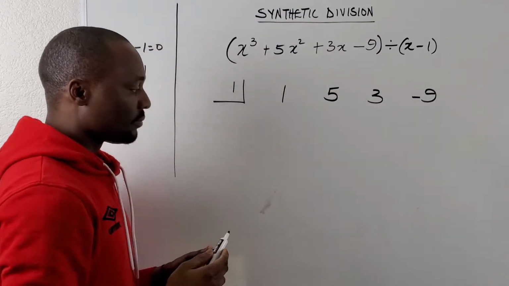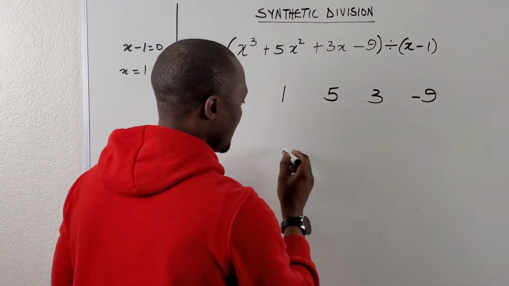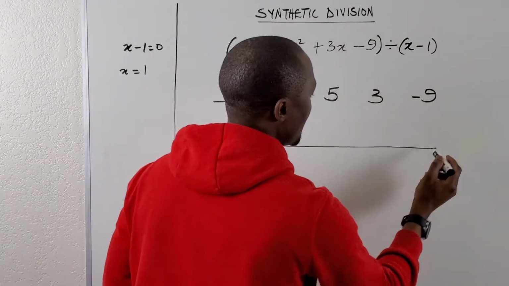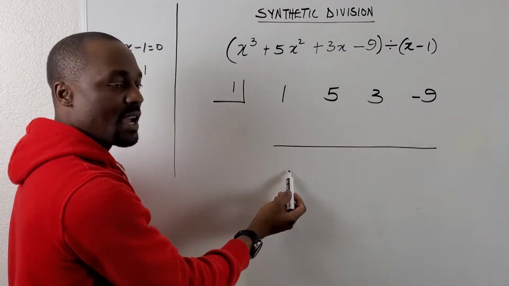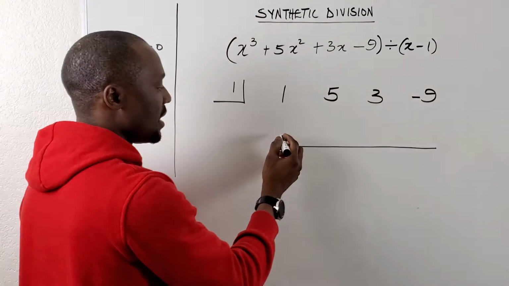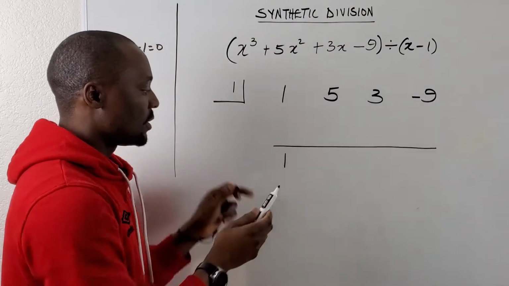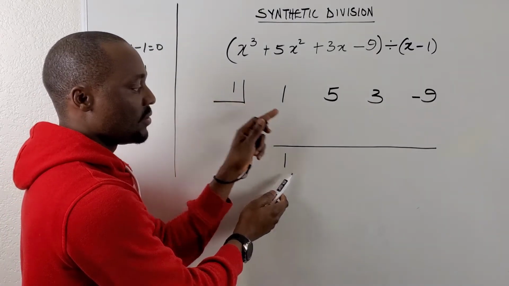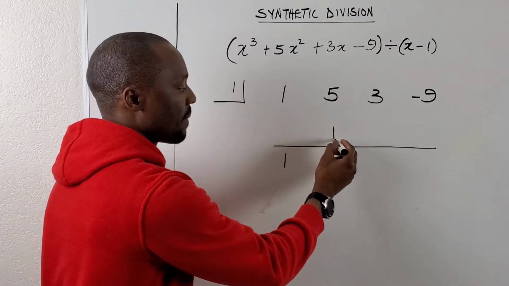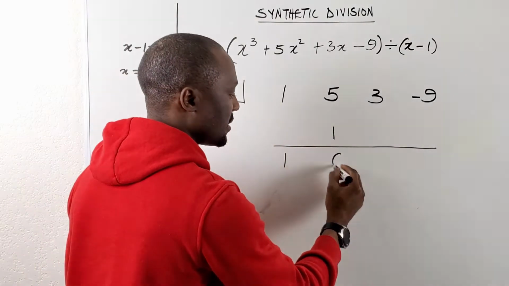The next thing to do is leave one space like this, and then we bring this down. Remember, we always do that. You bring this down, and you assume there's a 0 here, and this is going to be 1. So you multiply 1 times 1, you get 1. You write the answer here. We add 5 plus 1, which is 6.